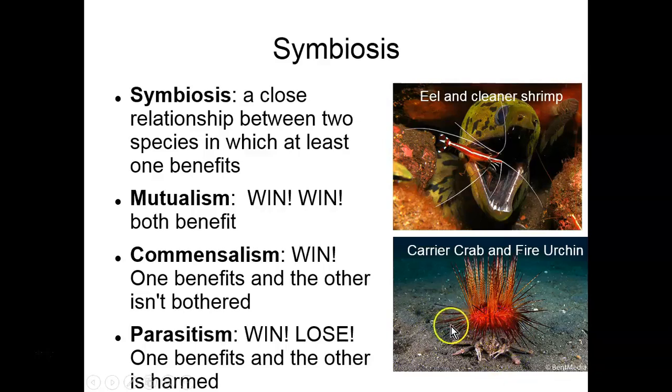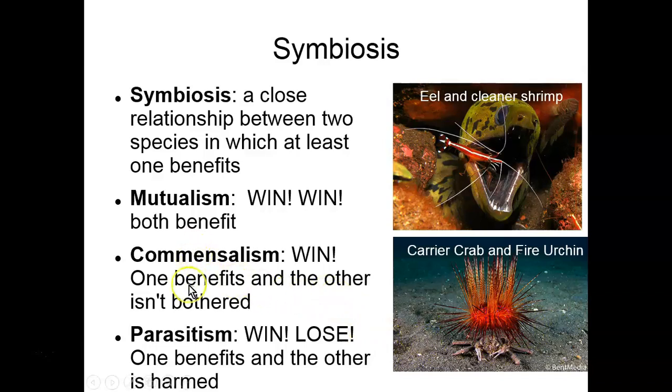So that's why it's called the carrier crab, because it carries things around. Now, sometimes the carrier crabs will find a fire urchin, which is essentially toxic and nothing wants to mess with it, and it will put that fire urchin on its back. And in this way, the fire urchin is providing the crab with protection, and the fire urchin is not being harmed by the relationship. It's not really benefiting by it either.